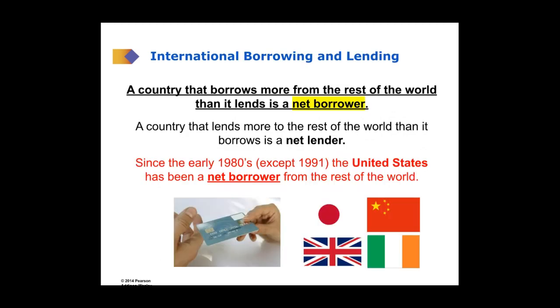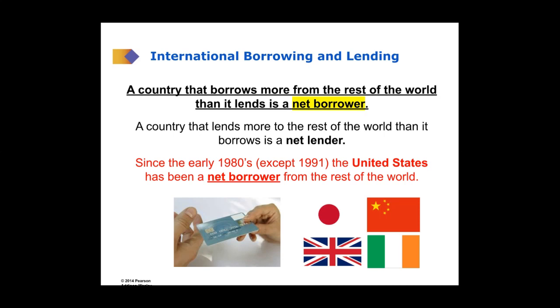Now, if we look specifically at international borrowing and lending, if a country borrows more from the rest of the world in a given year than it lends, it's a net borrower. The United States has been a net borrower since the early 1980s, meaning the United States has borrowed more from the rest of the world than it's lent since the early 1980s.